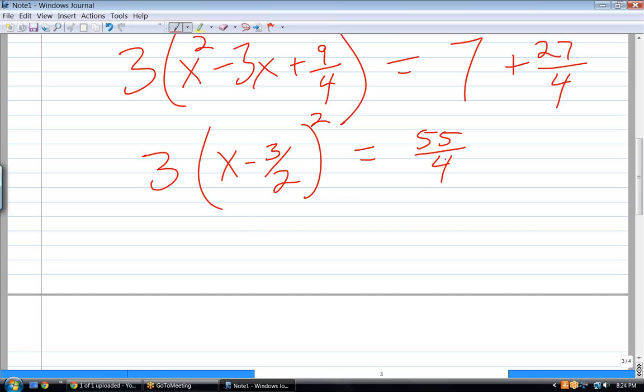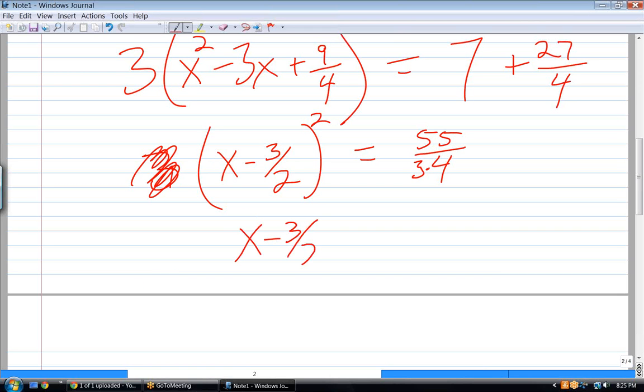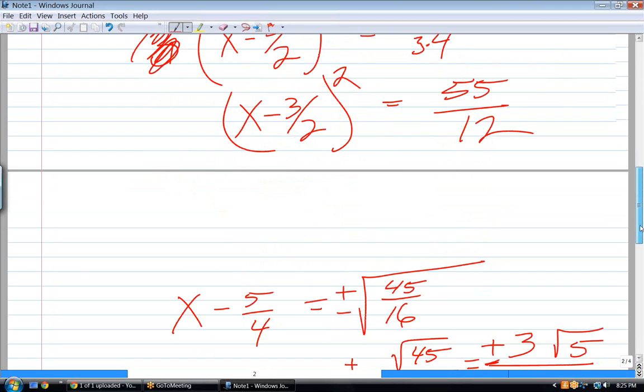So dividing this by 3, remember I said you can just put the 3 there. Yeah. So now we have x minus 3 halves squared equals 55 divided by 12. So next step.